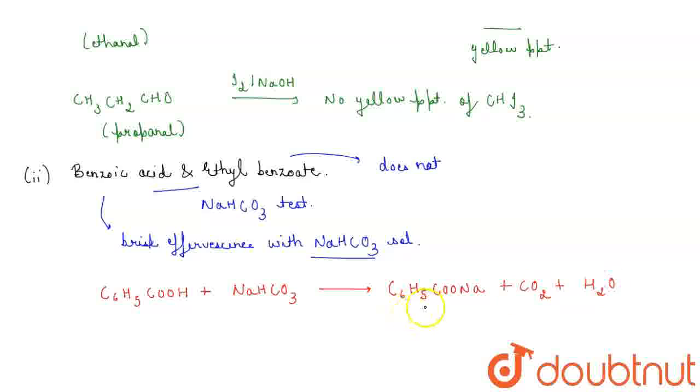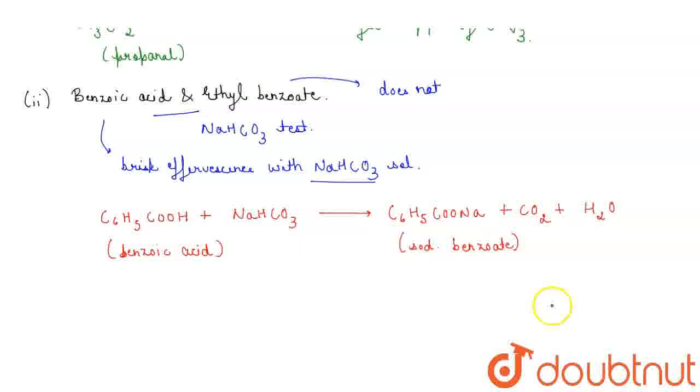In this equation, this is sodium benzoate and this is benzoic acid. Clear? Now moving to the second case, here we'll take ethyl benzoate.